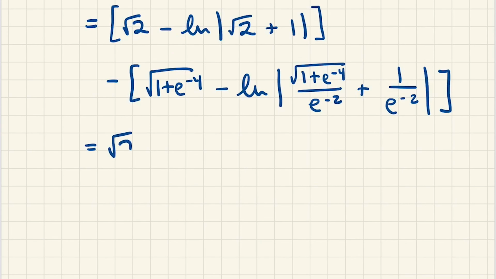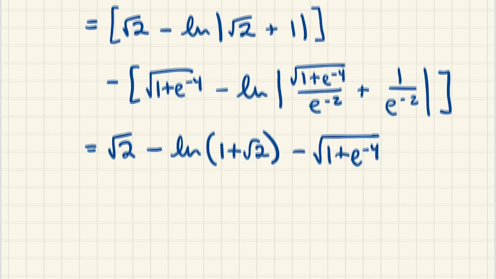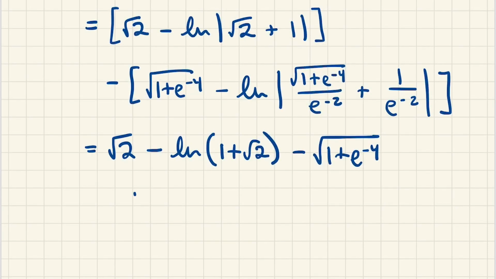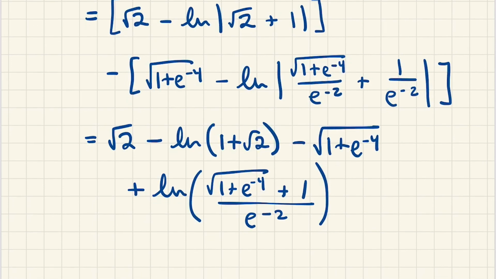This is rad 2 minus ln of 1 plus rad 2 minus, distributing this negative, we get square root of 1 plus e to the negative 4. This becomes a plus ln of 1 plus e to the negative 4, and then plus 1, and that's all over e to the negative 2. It's a naturally positive quantity.